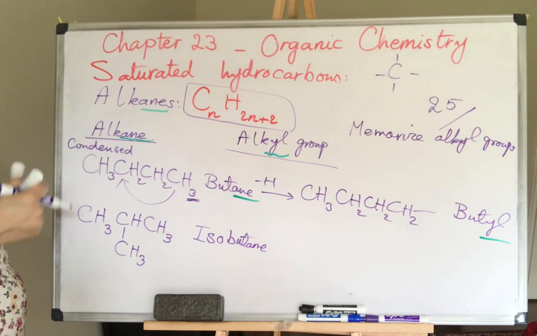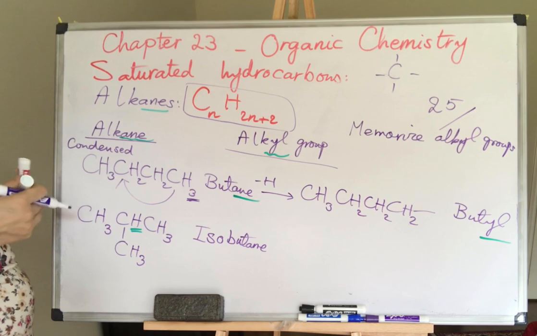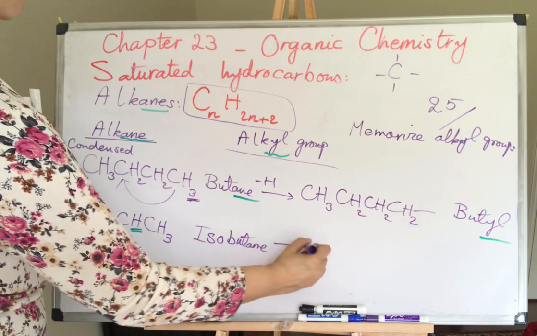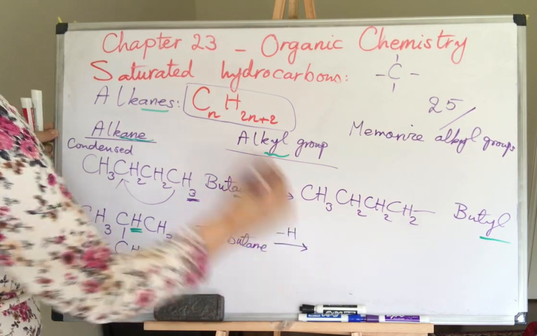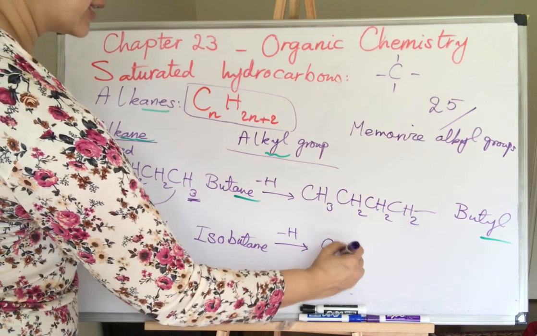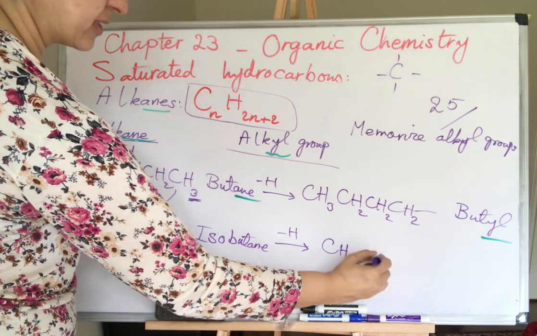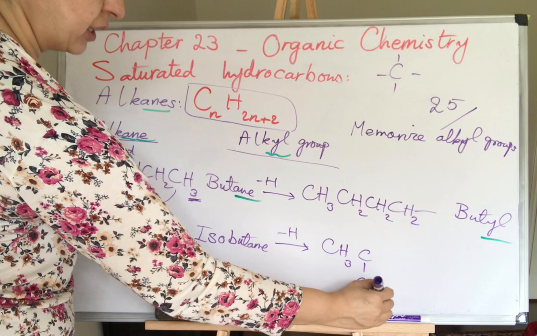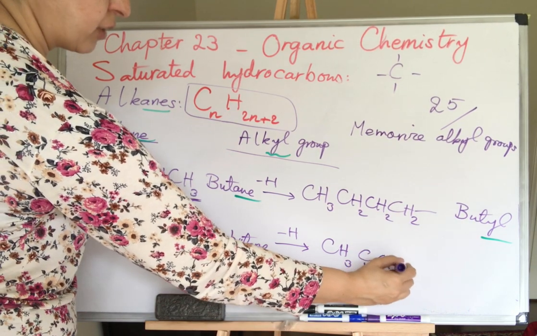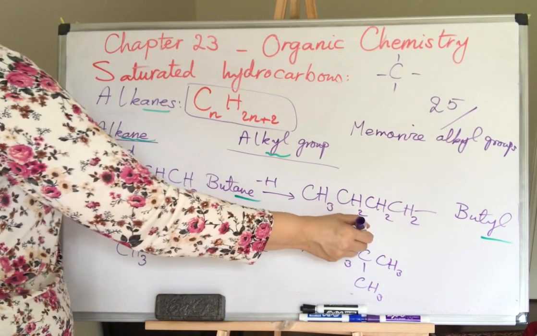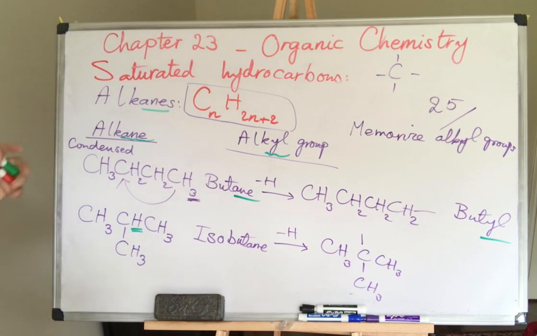If I remove this hydrogen, then I will have CH3, CH3, and because I don't have the complete octet on this carbon, then the connection location is on this one. You call it a tertiary butyl.